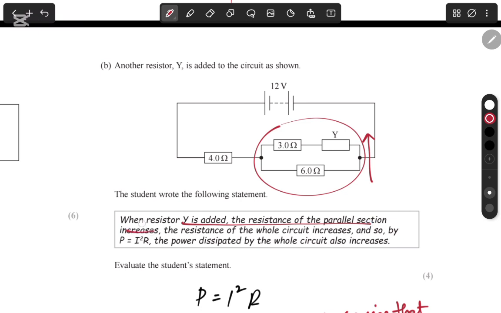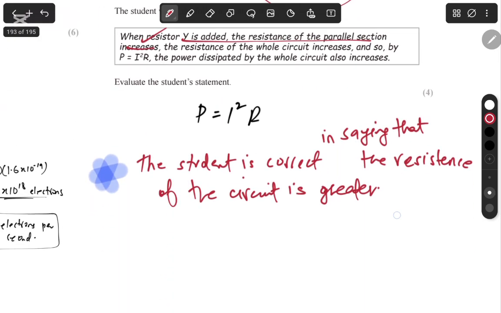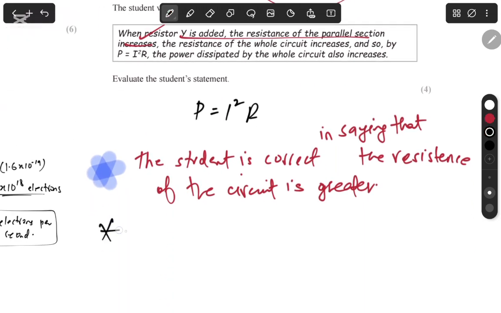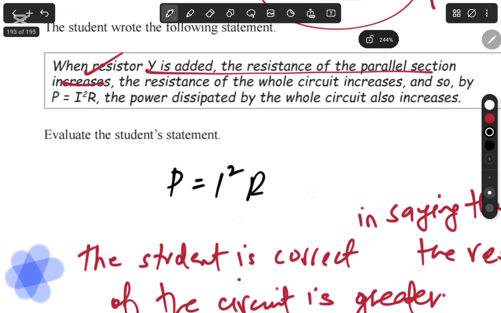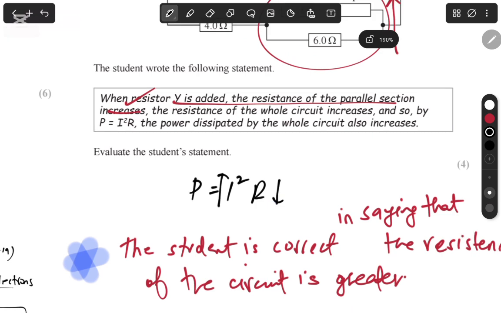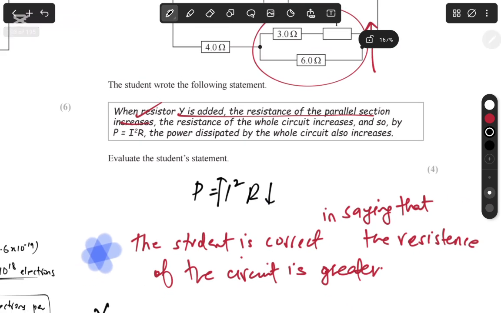But that doesn't mean everything is correct. The problem we run into is when we use this equation, our resistance is changing, so the current will also change, and it's going to be a bit difficult to understand what's going on here.